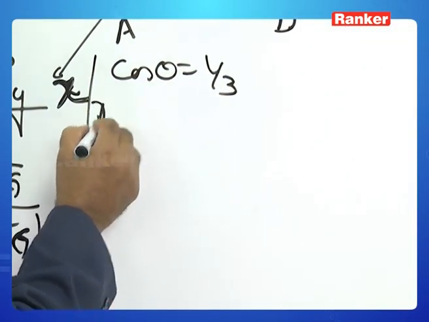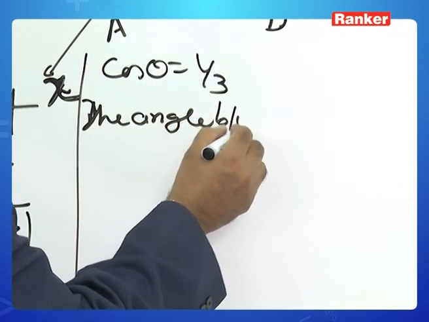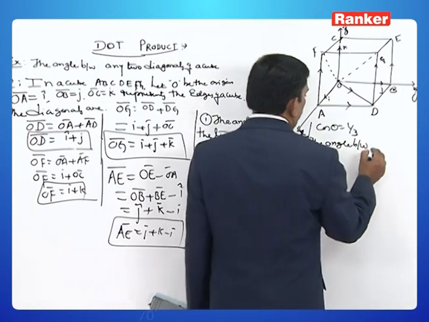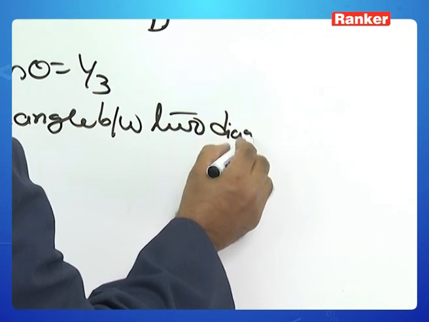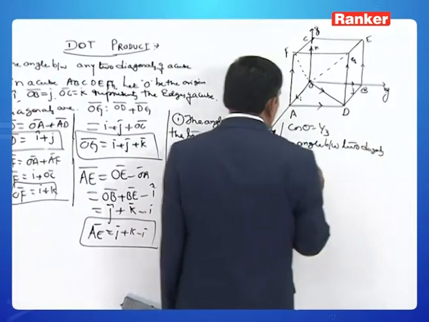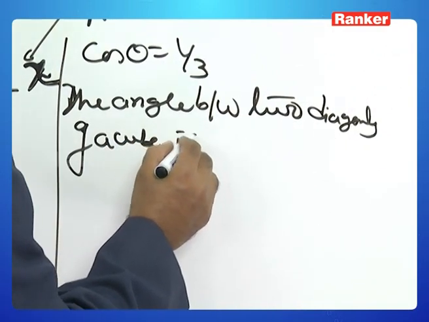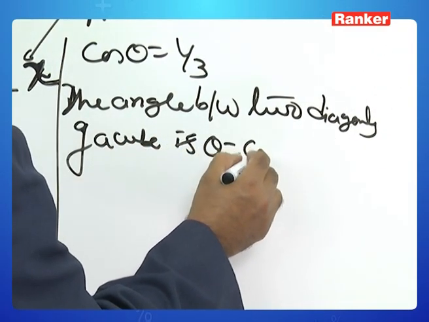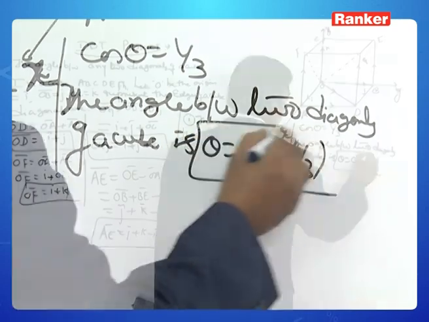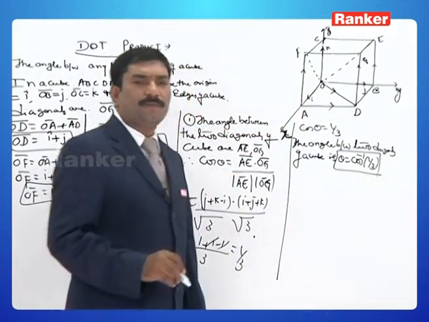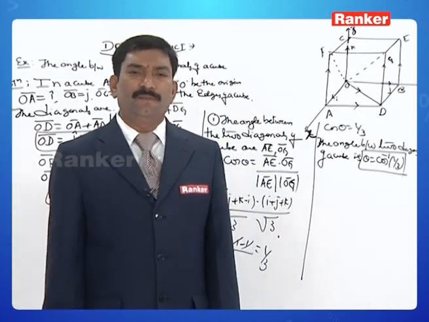Therefore, the angle between two diagonals of a cube is theta equal to cos inverse of 1 by 3.